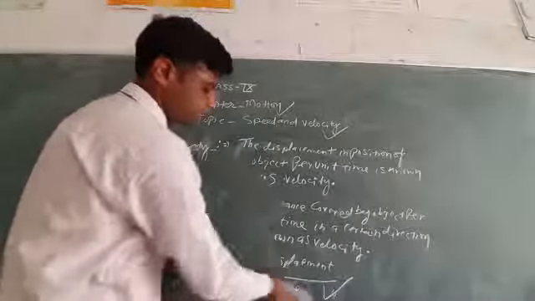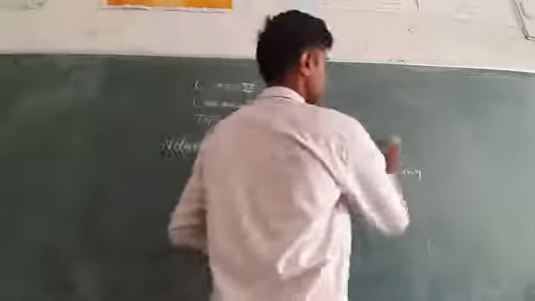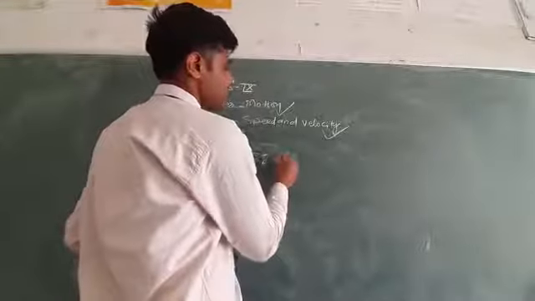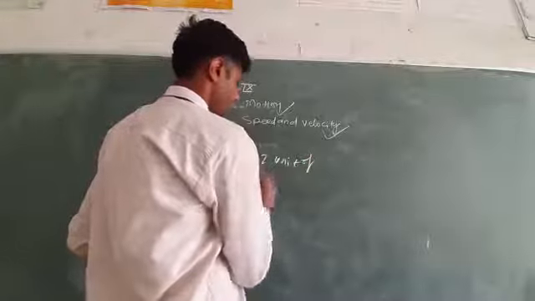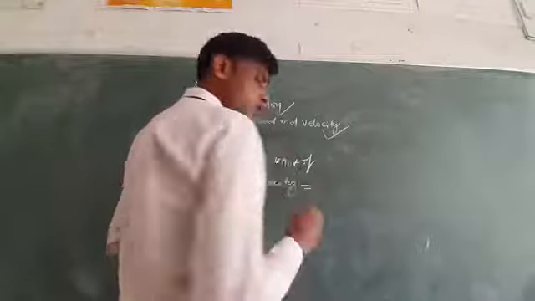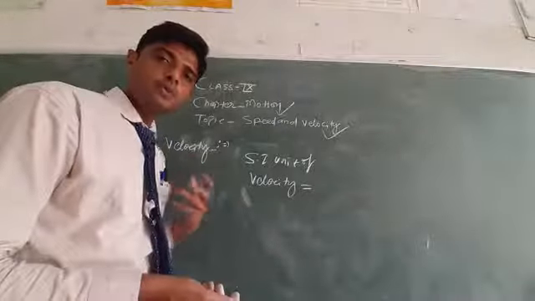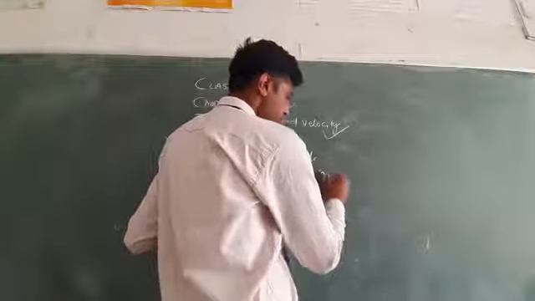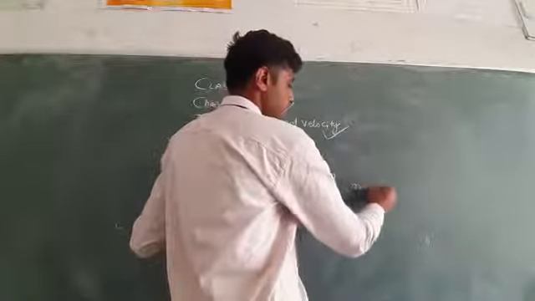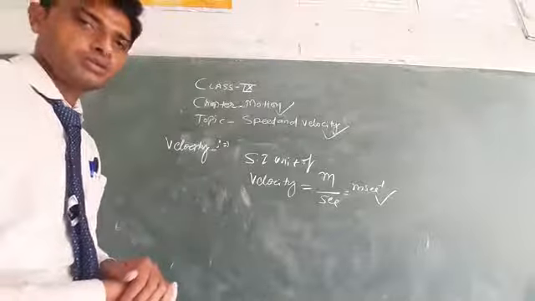Now we have to discuss the unit of velocity. The SI unit of velocity is based on the unit of displacement and the unit of time. As you know, the unit of displacement is meter and time is second. So meter second inverse is the SI unit of velocity.